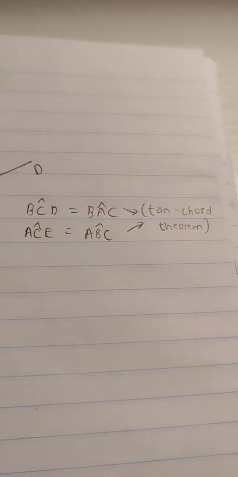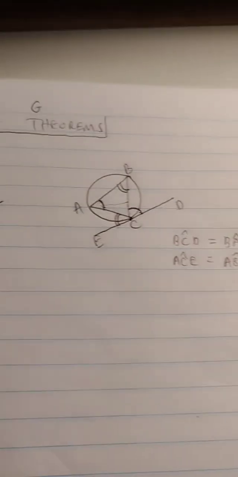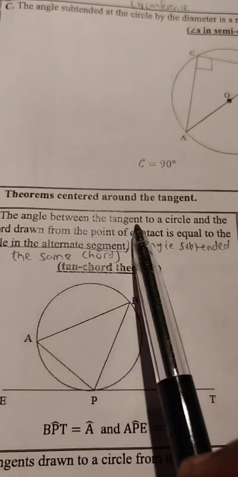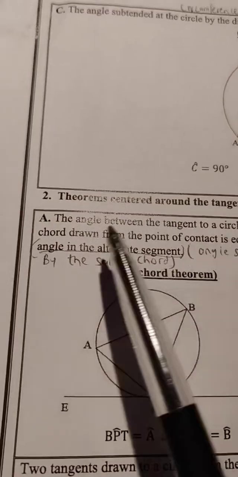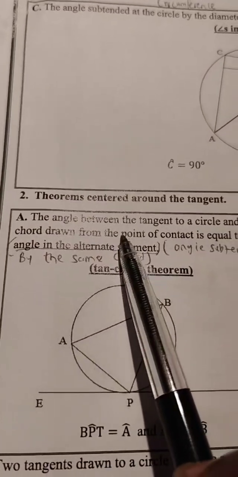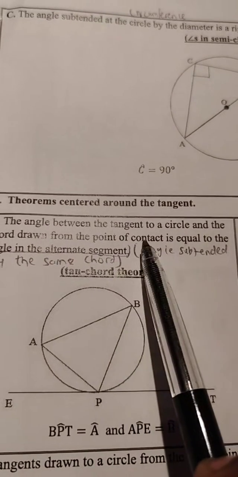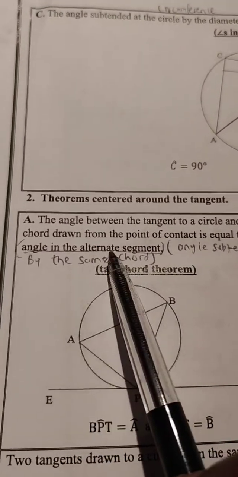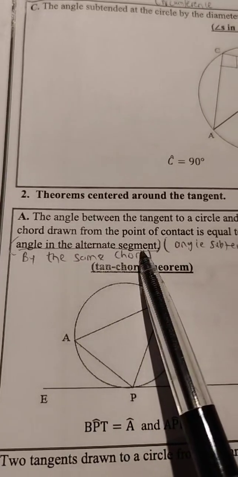The reason? Tangent theorem. So that is the Tangent theorem explained. The angle between the tangent to a circle and the chord drawn from the point of contact is equal to the angle in the alternate segment.